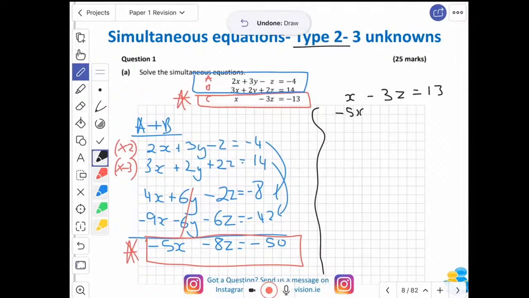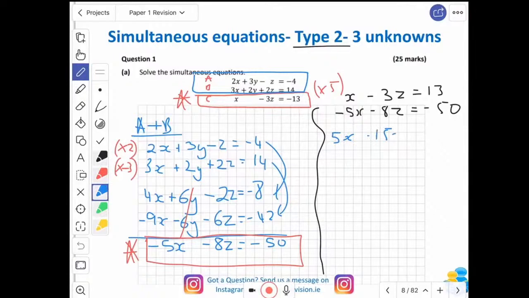And we're back to junior maths. 2 unknowns, 2 equations. We're going to use your elimination method. It would make sense for me to get rid of the x first of all, because one is a plus and one is a minus. It's just the easiest one to do. So I'm going to multiply that out. I'm going to get 5x minus 15z is equals to 13 by 5 is 65.